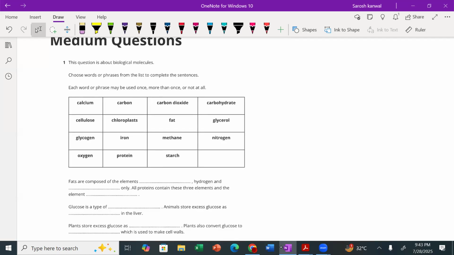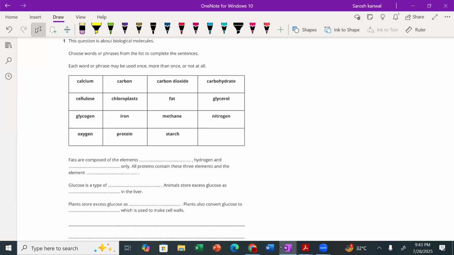Each word or phrase may be used once or more than once or not at all. Yes, Laiba, can you start telling me? Yes, ma'am. Fats are composed of the elements carbon, hydrogen, and oxygen. Good. All proteins contain these three elements and the element nitrogen. Good.